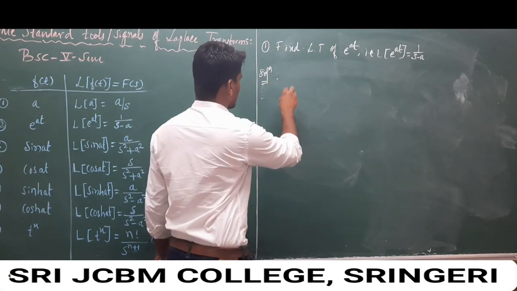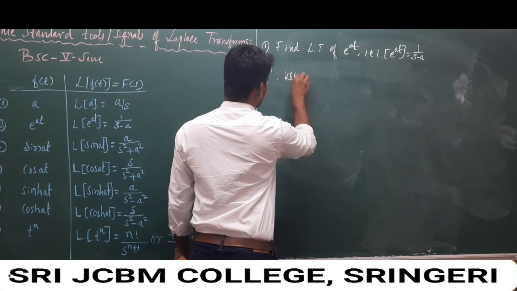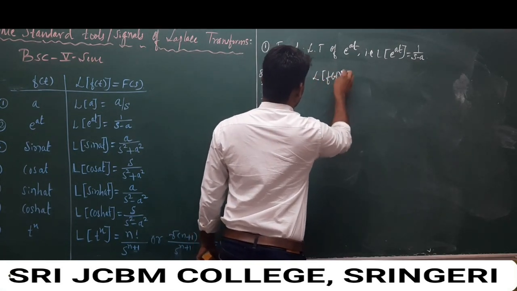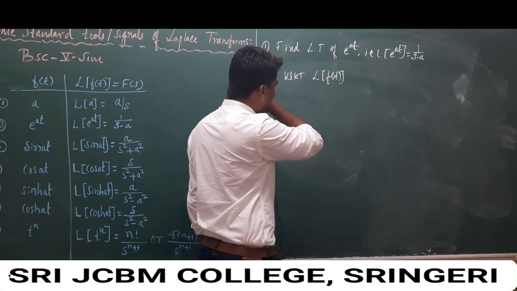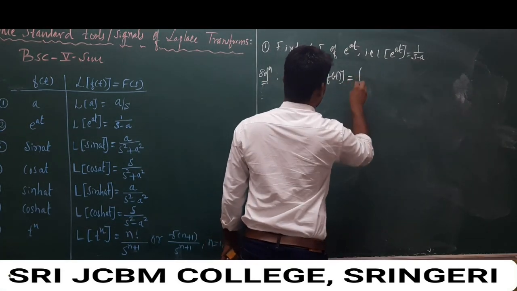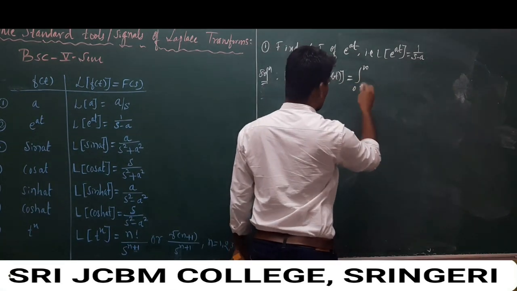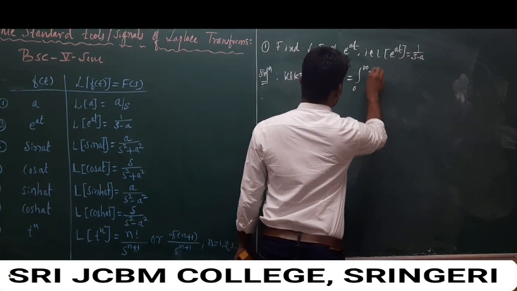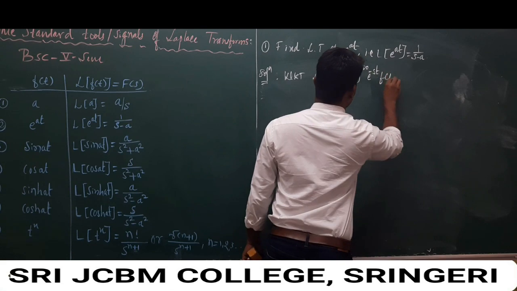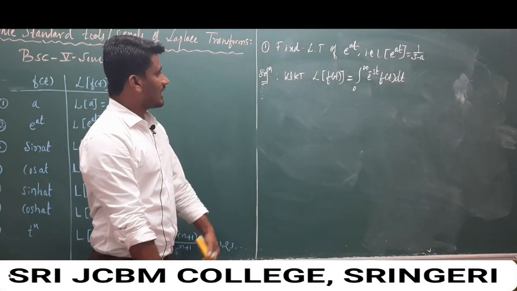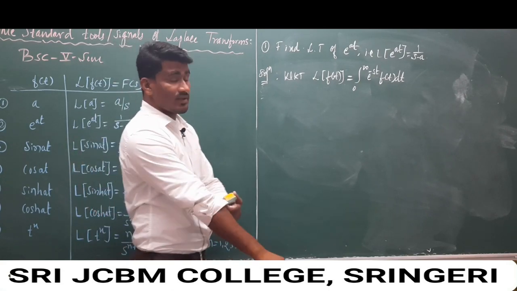We know the definition of the Laplace transform of a time domain function: the integration, with limits 0 to infinity, of e to the power minus st, f of t, dt. This is the definition of our Laplace transform, and here f of t is given.